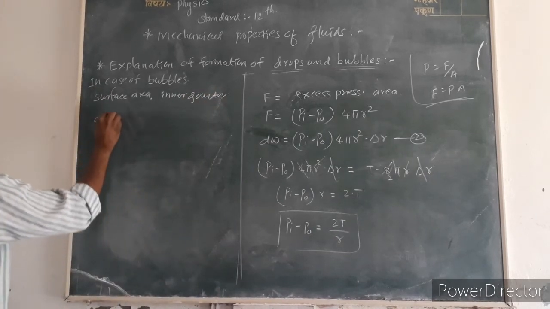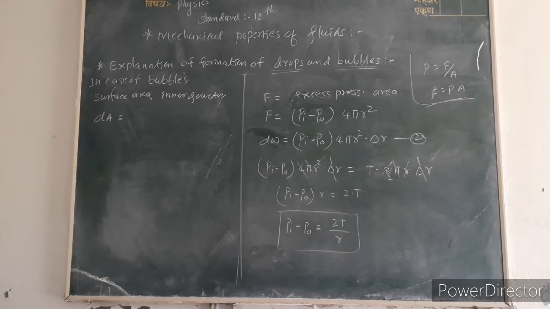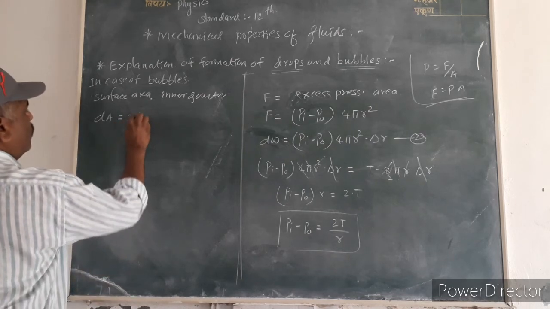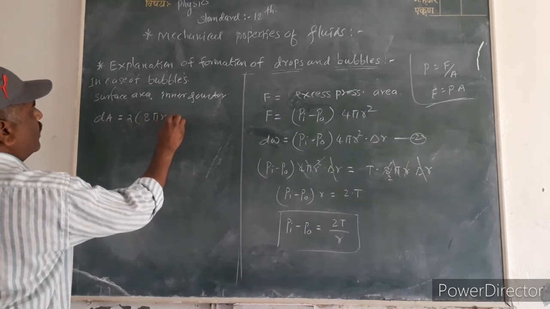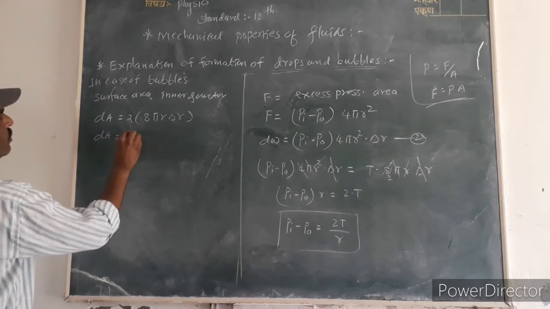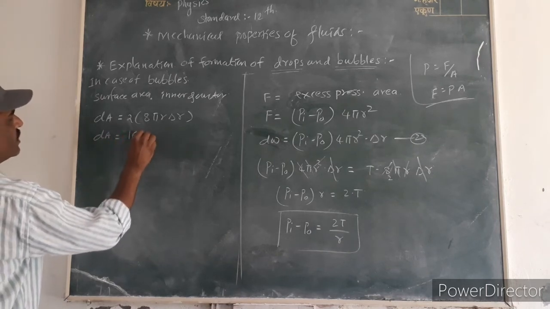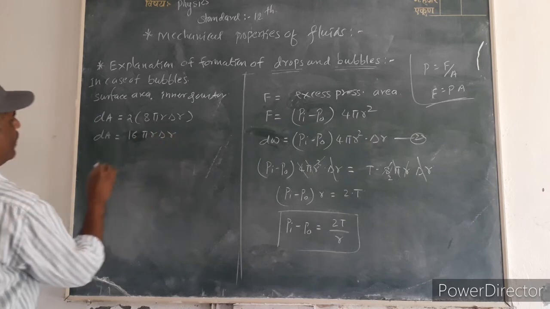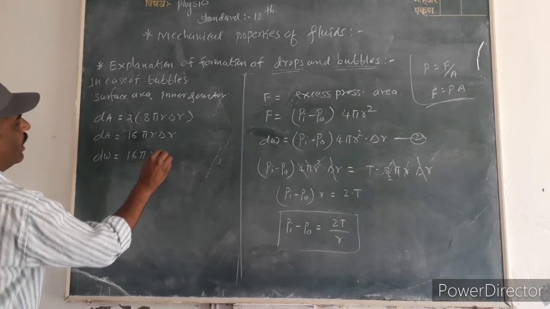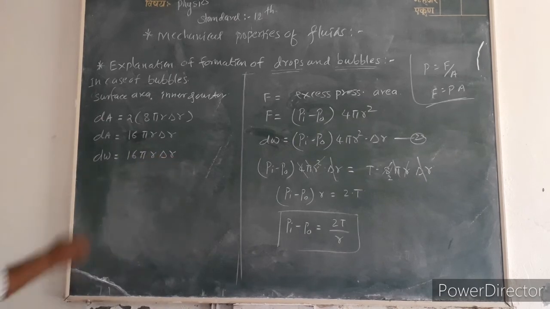Hence, the increase in area in case of bubble changes to 2 into 8 pi R into delta R. Therefore, dA is equal to 16 pi R into delta R, and work done is equal to T into 16 pi R into delta R. This is the work done in case of bubble.